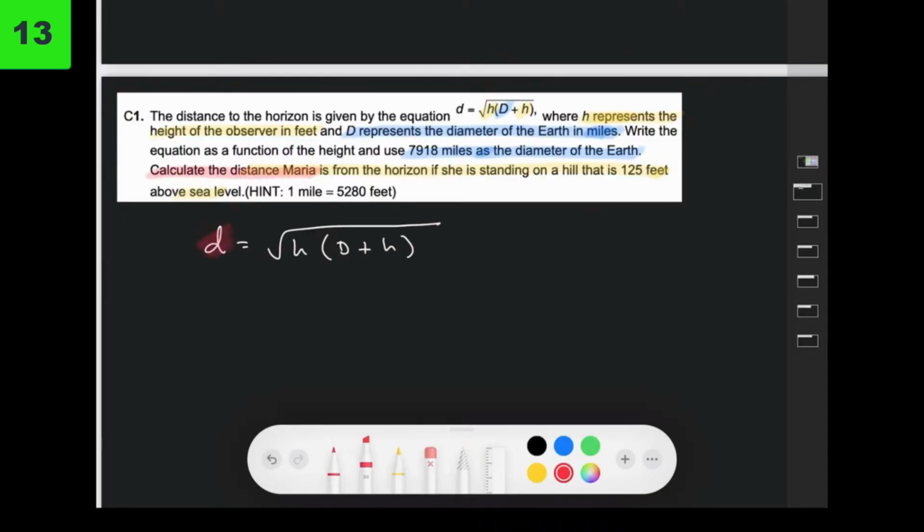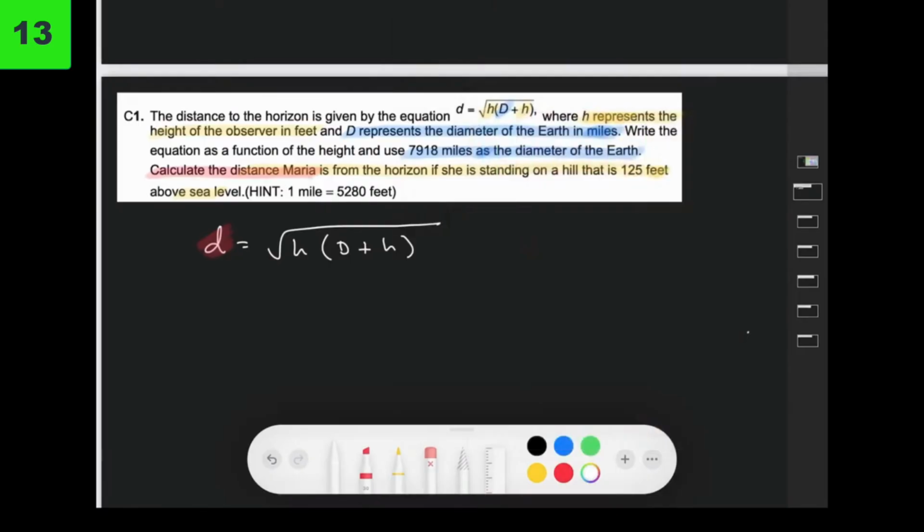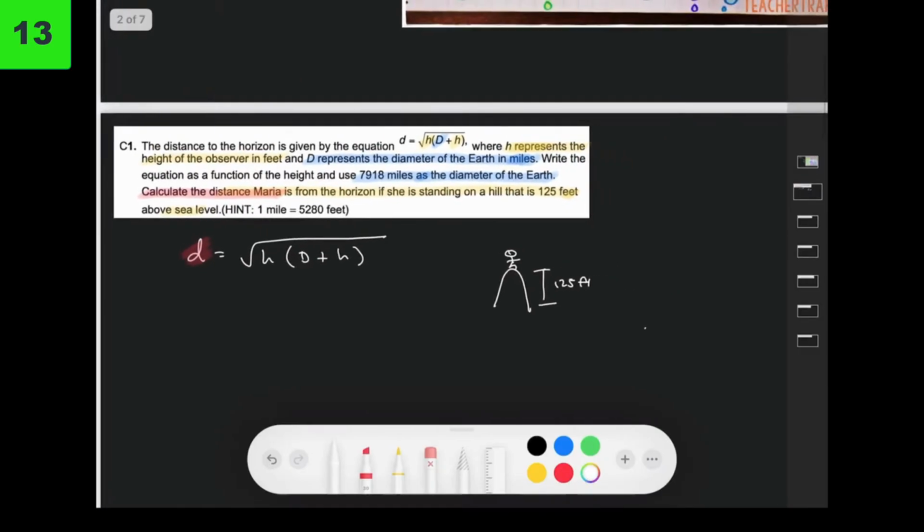That's this d. So let's draw a picture. This might help. There is a hill, 125 feet, and there's Maria. And we're trying to find that distance to the horizon.